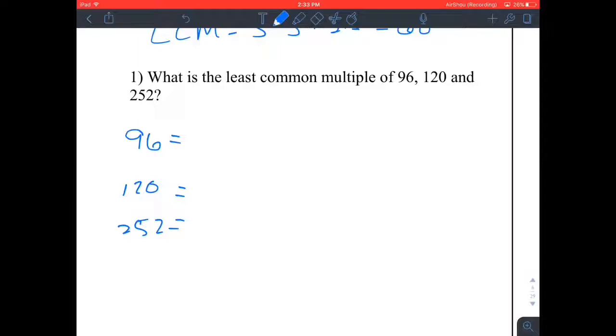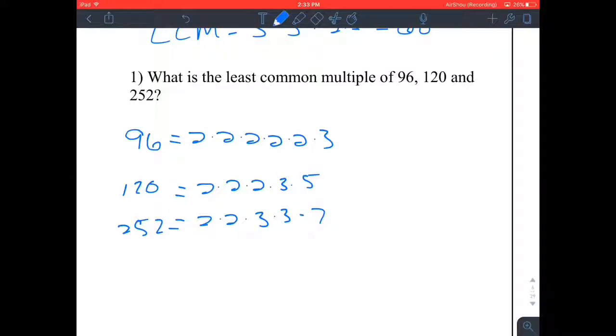If you make a factor tree, you'll find that 96 breaks down to 2 times 2 times 2 times 2 times 2 times 3. If you make a factor tree for 120, you'll get 2 times 2 times 2 times 3 times 5. If you do a factor tree for 252, you'll get 2 times 2 times 3 times 3 times 7.